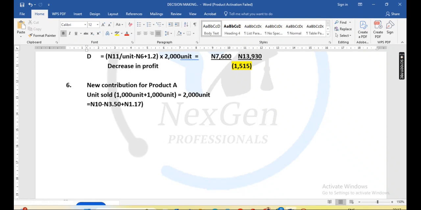So now, when you multiply, what do you have? Let's multiply by 2,000 units. 10,660 naira. Good.